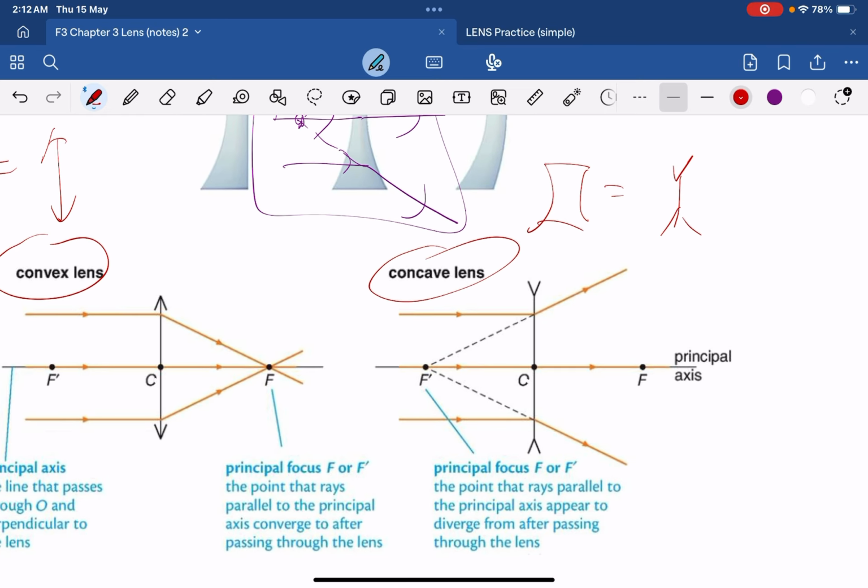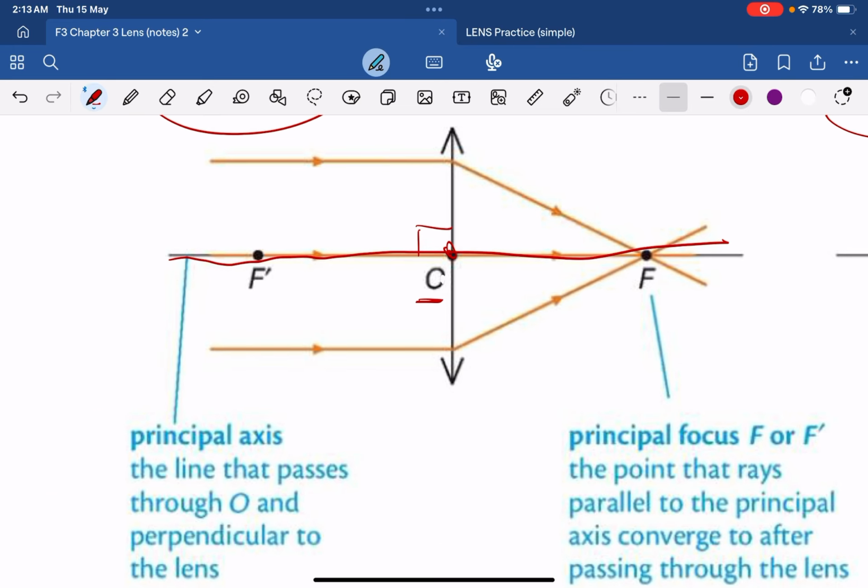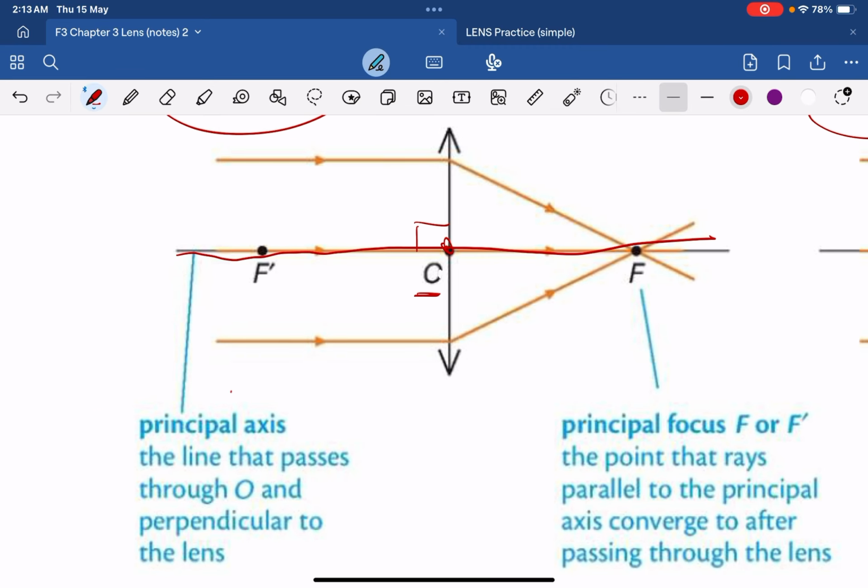Imagine that the center of the lens will be C. There will be a horizontal line passing through the center of the lens and also perpendicular to the lens. We call this horizontal line the principal axis.